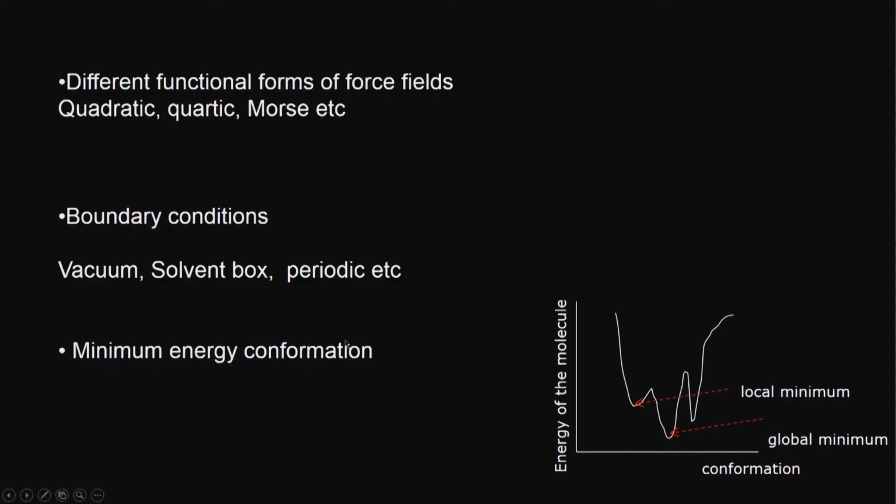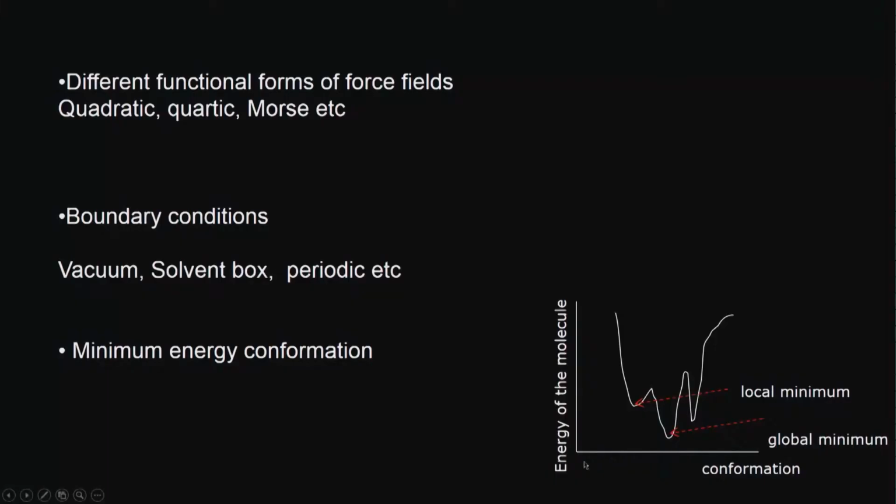Then we talked about minimum energy conformation. That means as you know, a molecule reaches a thermodynamic equilibrium where the energy is minimum. So you may have different conformations, but the energies may be higher, but you need to find the conformation at which the energy is minimum, that means most negative. So if you look at conformation on the x axis and energy of the molecule, the minimum energy conformation is this.